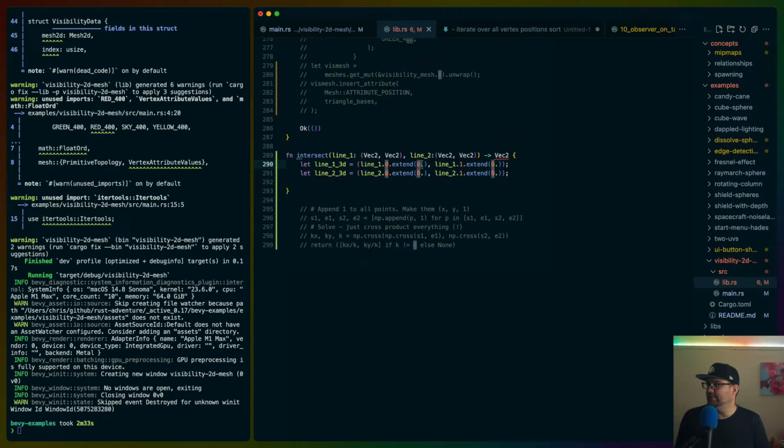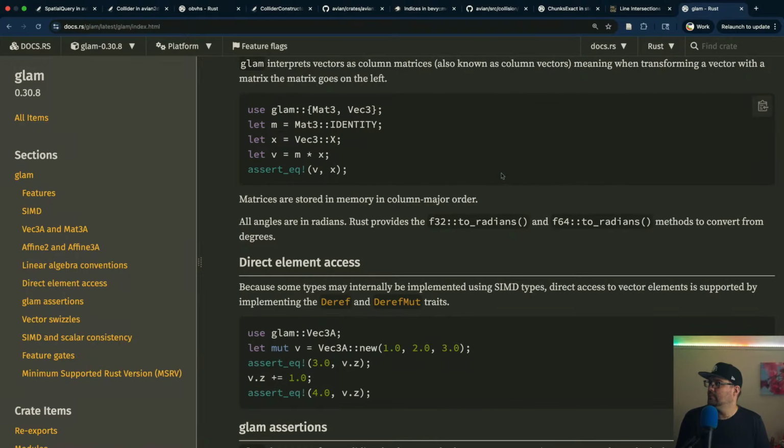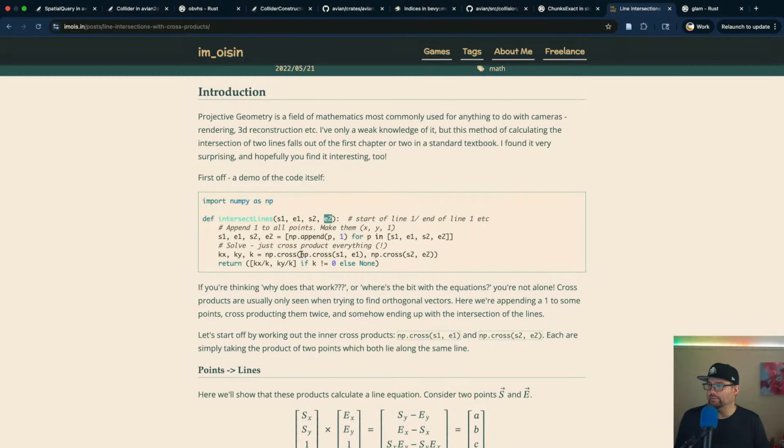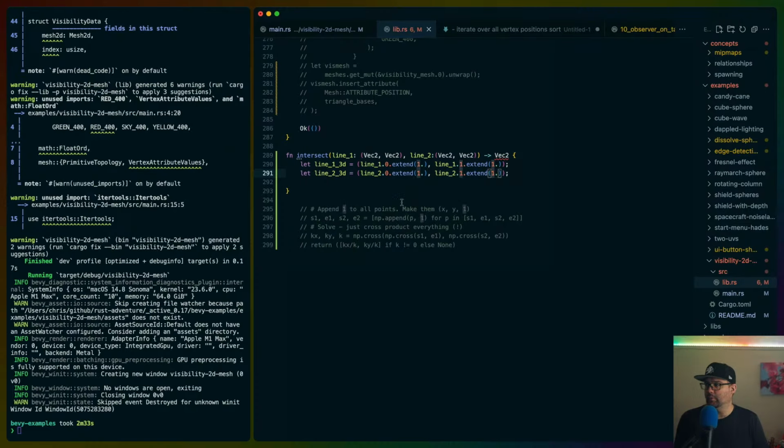I don't think it matters, right? Well, I mean, like we can use one. Because the Z's are all going to be the same. I guess they use one in their algorithm, so let's keep it with one. Solve, just cross product everything. We're just going to do line 1 cross.